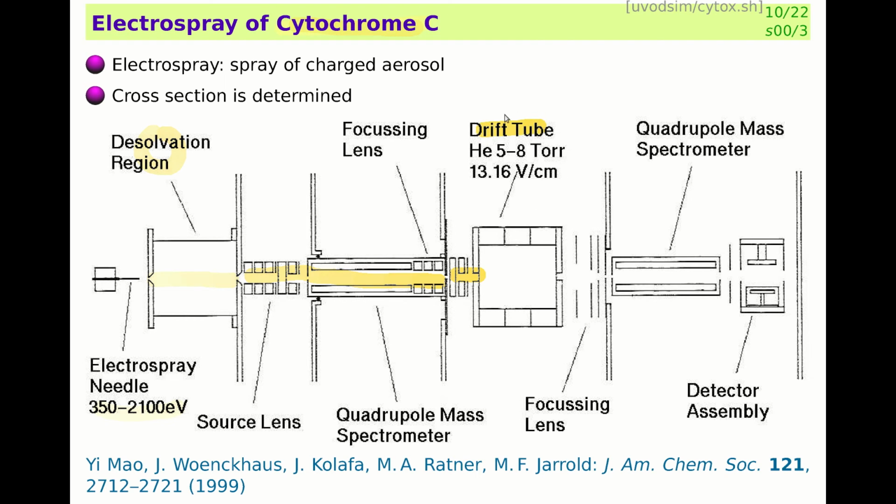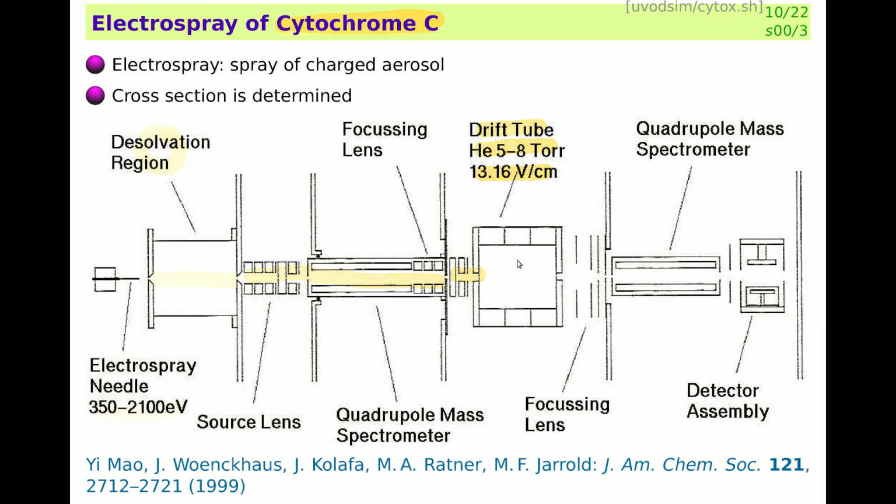It is a tube which is filled with helium at a very low pressure, and there is an electric voltage here. What happens is that individual ions of Cytochrome C go through this gas, and it has a certain viscosity. So they go at a certain speed, and this drifting velocity depends on the cross section of this molecule.